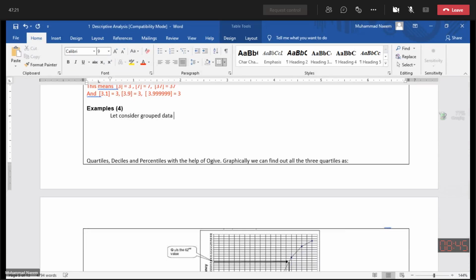Let's consider grouped data of frequency distribution.